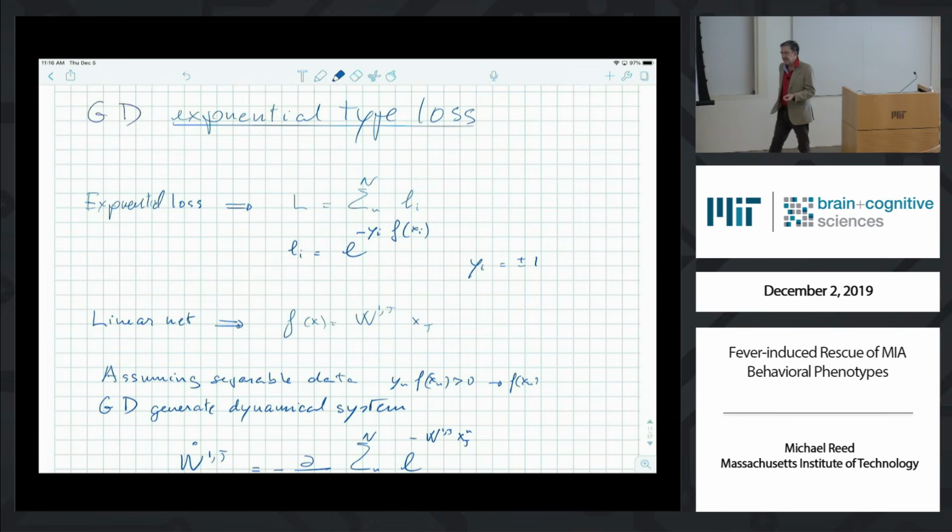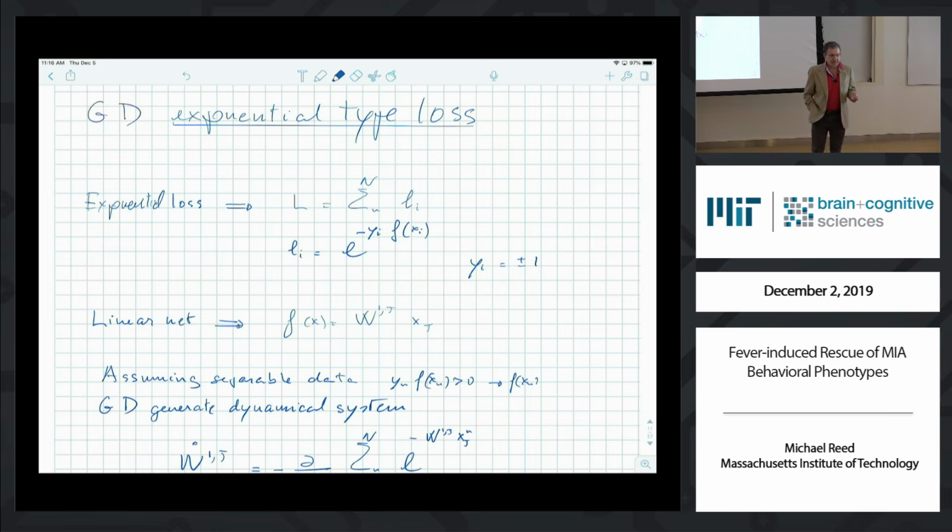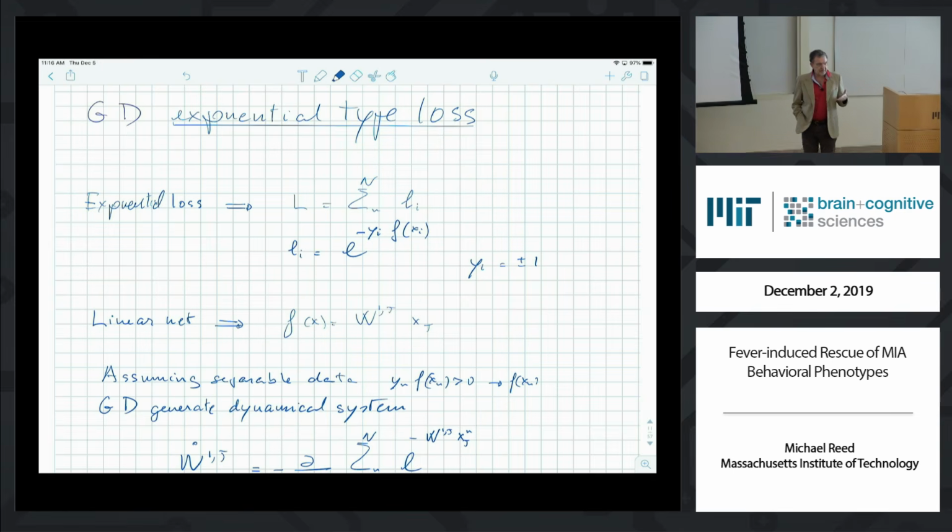These are the ones used mostly in practice when you have to do classification. I assume you use something like cross entropy, is that correct? Right, so those exponential type losses like the cross entropy are ideally suited for classification problems, binary or multi-class.